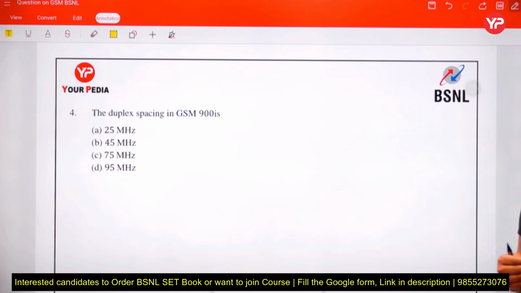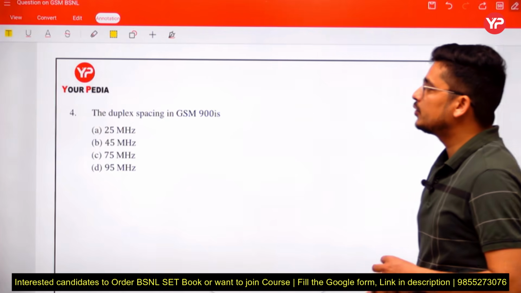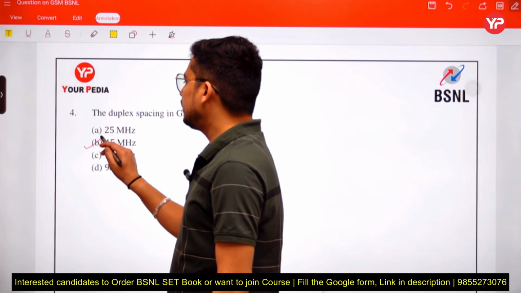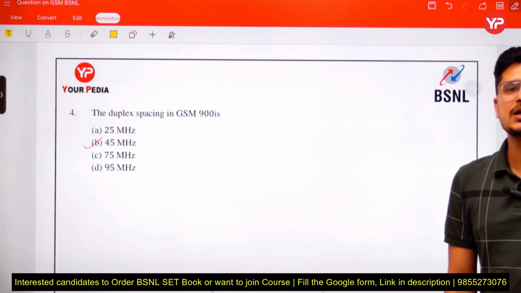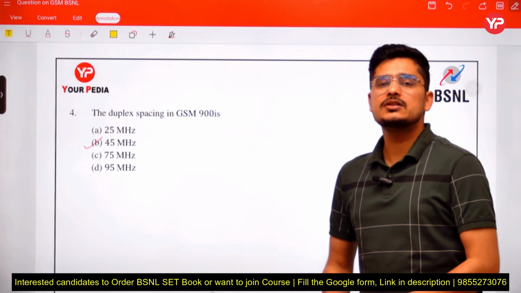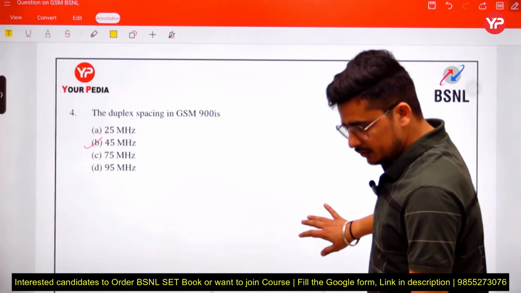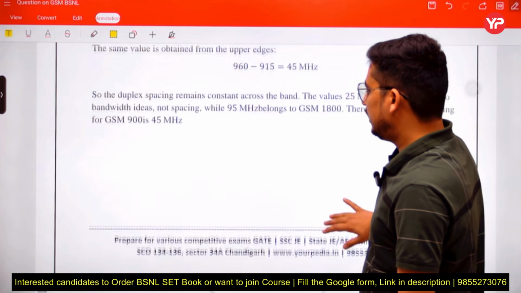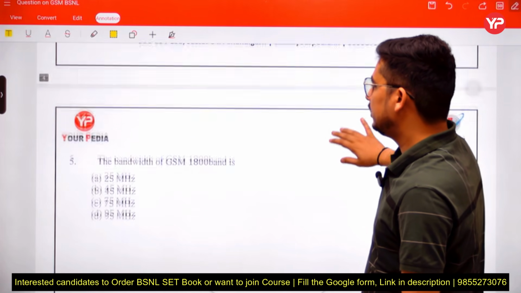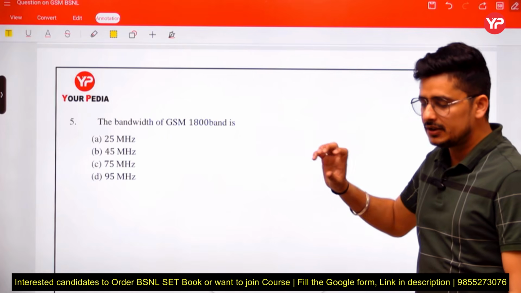So duplex spacing in GSM 900 should be 45 megahertz. That is for GSM 900. For GSM 1800, that will be different.